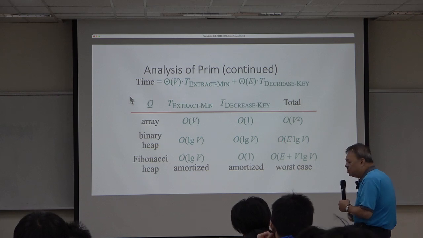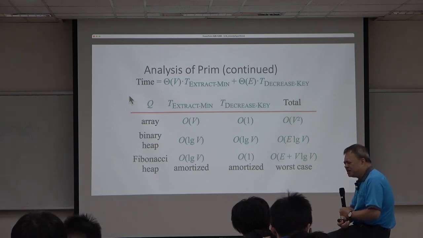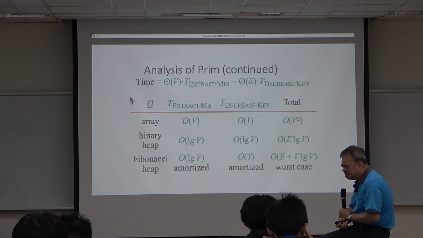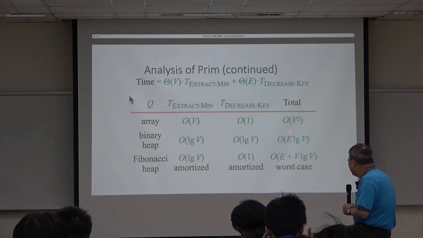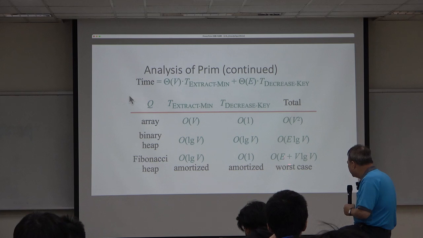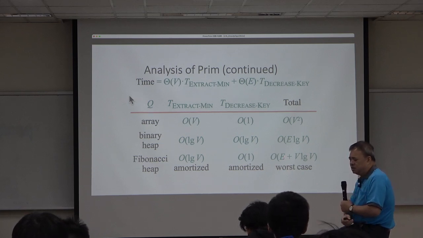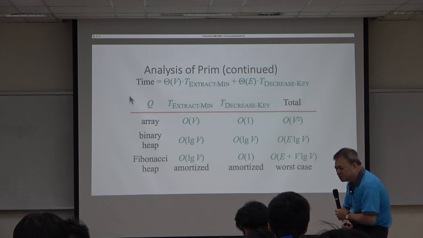But when your graph is not so dense, say it's a sparse graph, then E is proportional to the number of vertices. In that case, these two are similar. But anyway, I would not talk about Fibonacci heap because we really don't have time now.